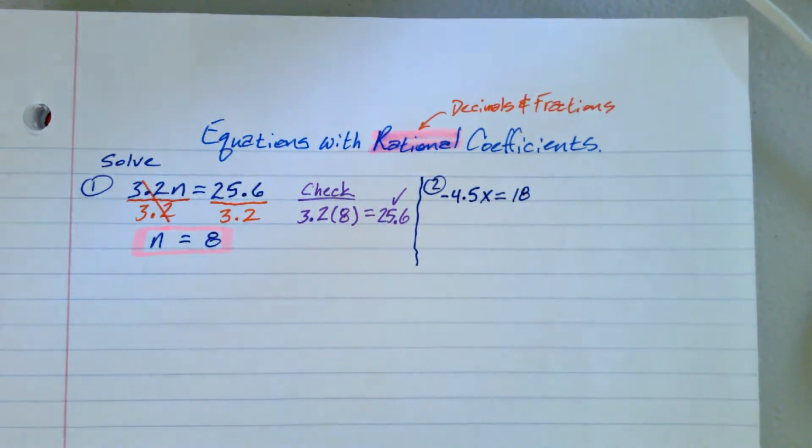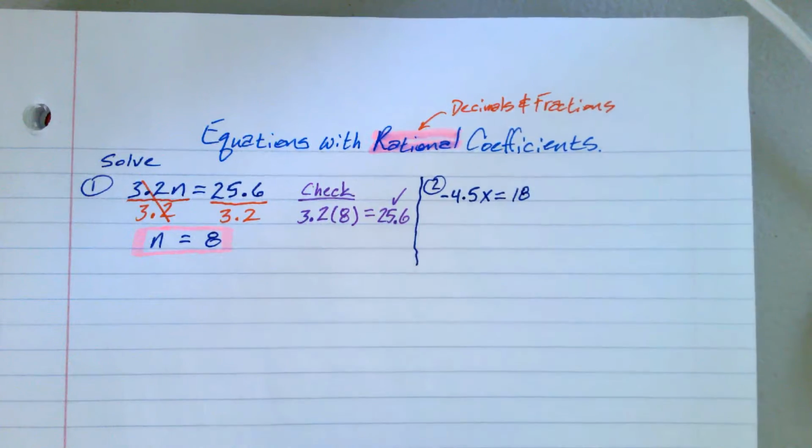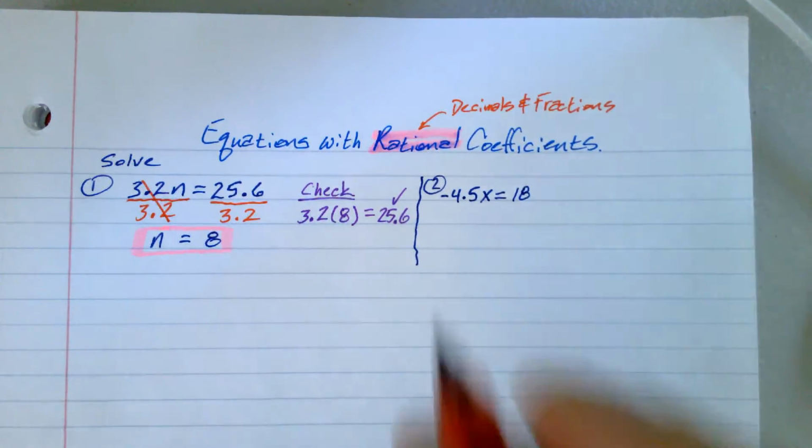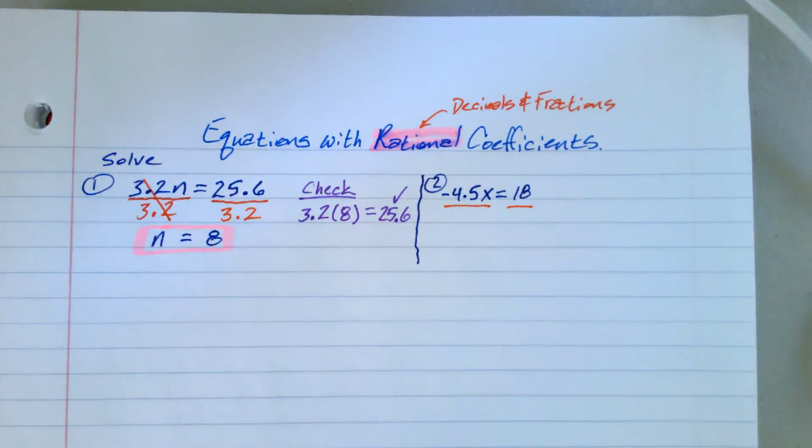Again, it's multiplying, so we do the inverse. Okay, and we have a coefficient. The number being multiplied with x is the coefficient. So let's divide. What do we divide by? What number do I need to divide by?